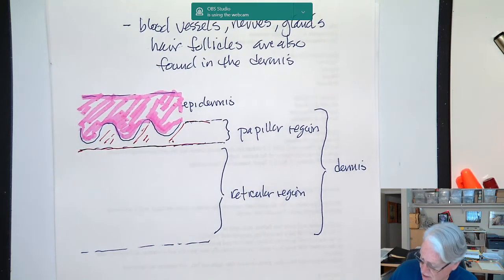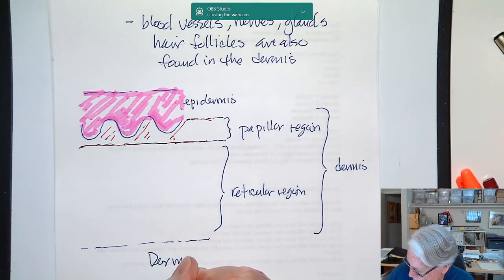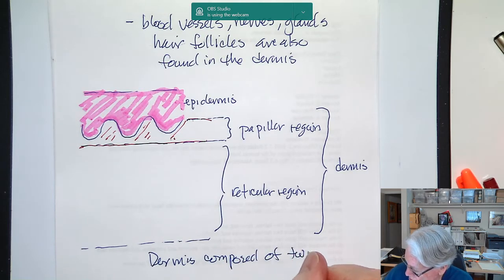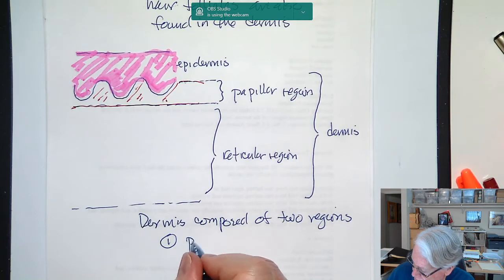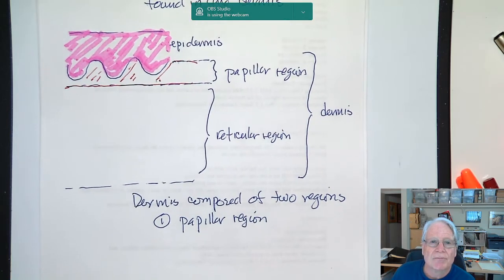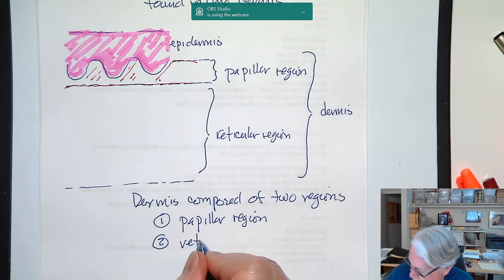So the dermis is composed of two regions. These are the papillary region and the reticular region.